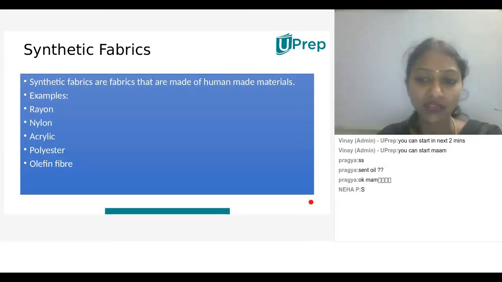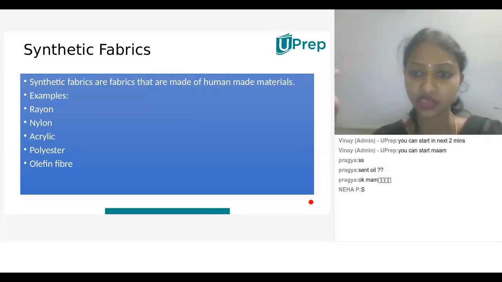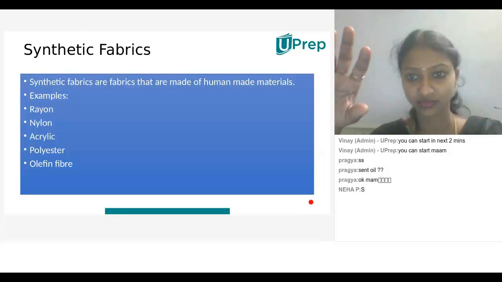Why? Because there we can't see the cost or the comfort, but the appearance. Whenever we go to a party or a birthday, definitely we'll go with a nice, good attire, so that we can gather attention on us. Am I right?